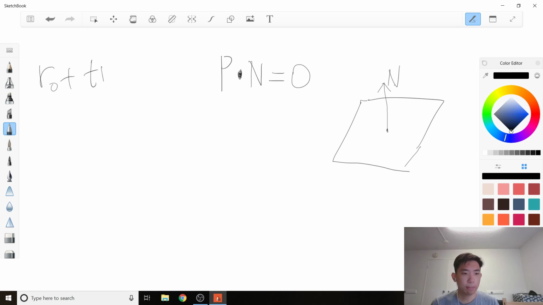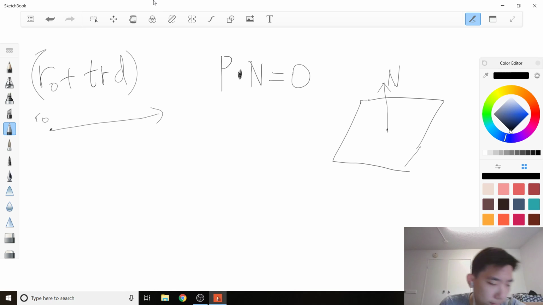Now let's bring up our parametric form of the ray that we have. This is the ray direction and this is the ray origin. Now you can think of t as some kind of slider.